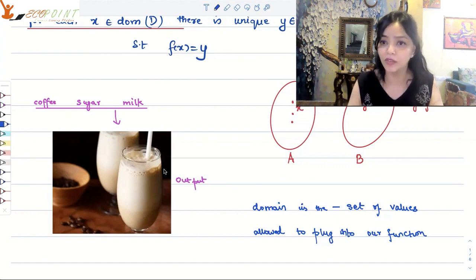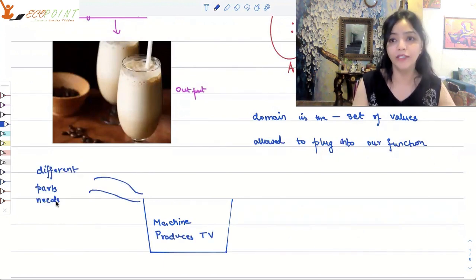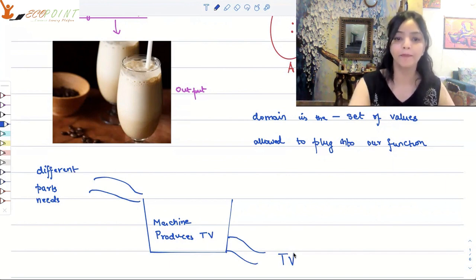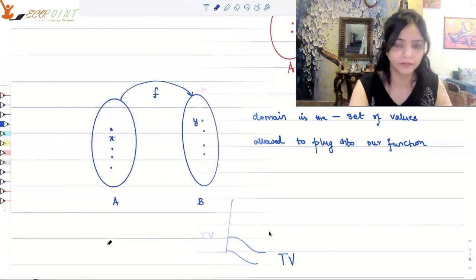Creating a unique television that comes out. Like as I said in the previous video, function works like a machine. This time I'm taking this machine to produce televisions. So all different parts required to produce one television is your set of inputs, and the output that you will get is a unique television, one individual television. Okay? That's the whole idea of domain for any given function.